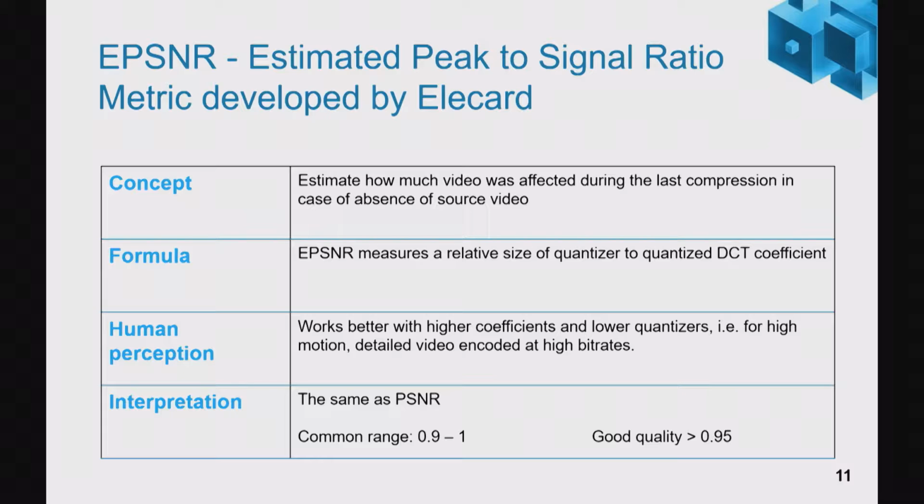But very often operators need to know the quality of the video when they have no reference. So this is the no-reference measure, EPSNR. Actually, the idea behind EPSNR is very simple. When we have compressed video, we know the coefficient and the quantizer.